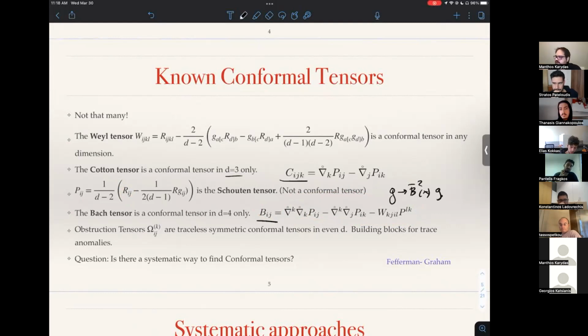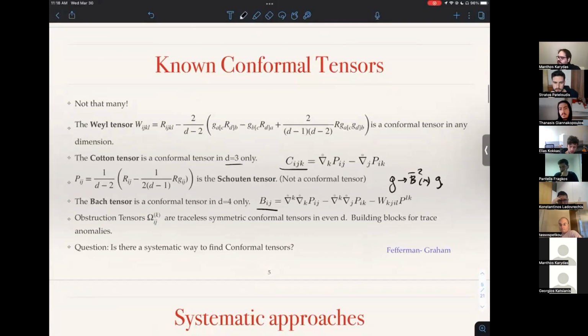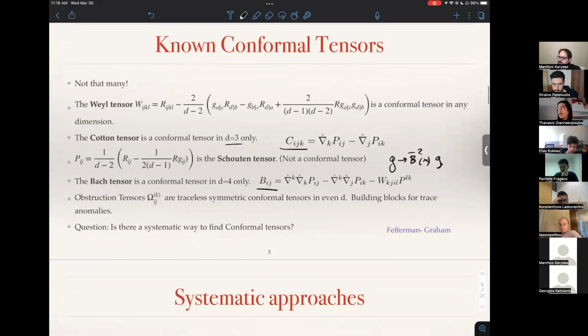Generally, in higher dimensions, Fefferman and Graham gave a generalization which they call obstruction tensors. We will symbolize it omega. It's a symmetric traceless tensor, and there is an index k here. For k equals 1, for example, I just have the Bach tensor that I just described.